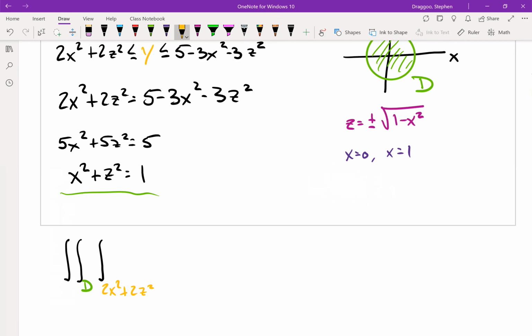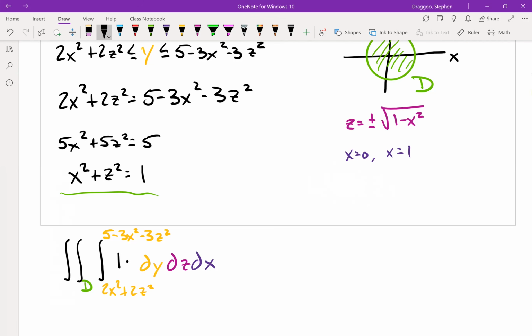The top paraboloid is going to be 5 minus 3x squared minus 3z squared. And all we want to do is integrate dV, which if we put these things in the correct order should be dy, and then for sake of argument, we said z would be second and x would be third. And yeah, this is 1 times all of that.